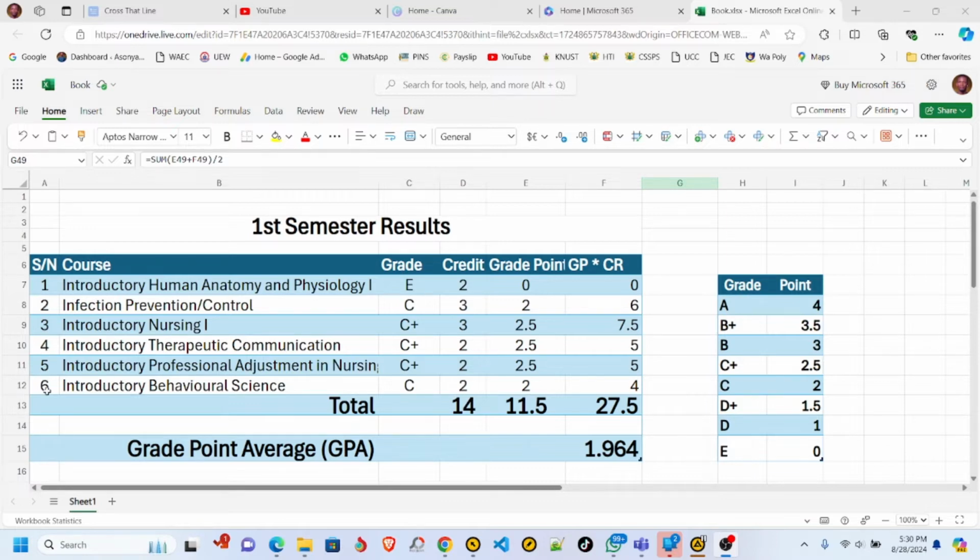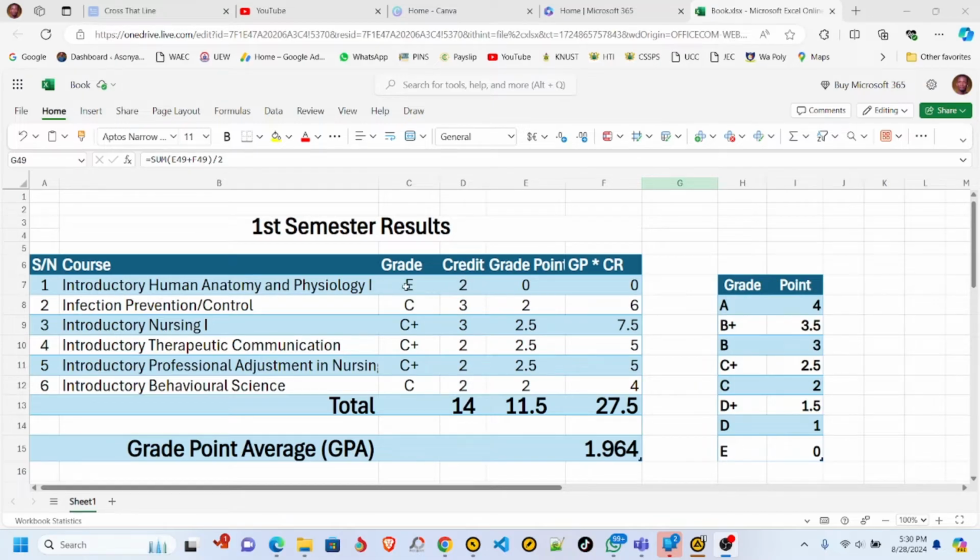We have about 6 courses: anatomy, IPC, introductory nursing, therapeutic communication, professional adjustment, and behavioral science. With each course, we need to know the grade the person had and the credit hour.